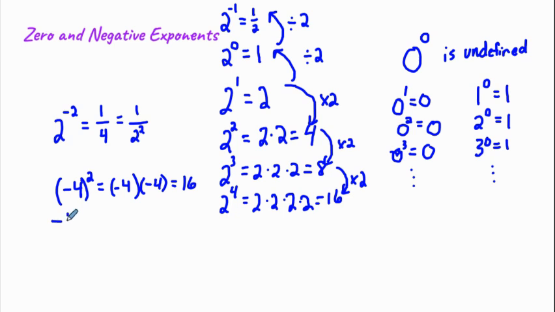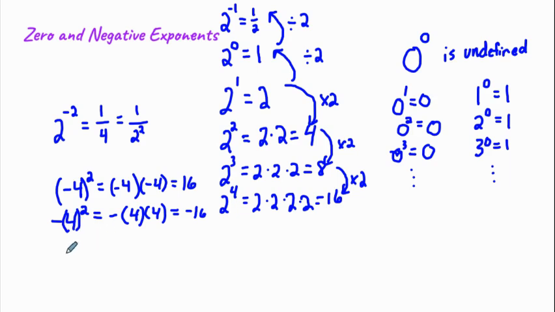But if we lose the parentheses and we just write negative 4 squared, now we're no longer squaring the negative. It's negative 4 times 4. So 4 times 4 is 16, and then we have the negative left over, so this is negative 16. This assumes that there would be parentheses around just the 4. And if you're going to type this into your calculator, that's what your calculator would assume as well.